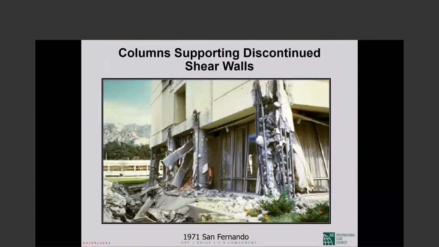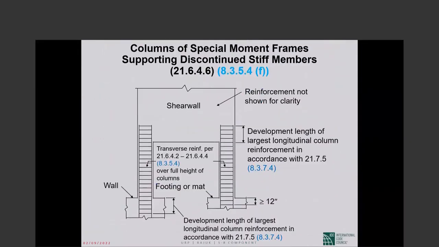Okay. Now, columns supporting discontinued shear walls. I showed you this picture. There is no point in spending time on that. So if you have a column supporting a discontinued shear wall, as in the picture, then the special transverse reinforcement that we would normally place within the plastic hinge regions at the column ends shall be provided throughout the column height, not just at the two ends.